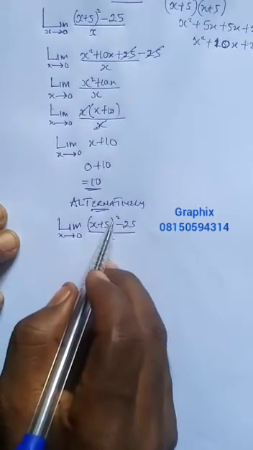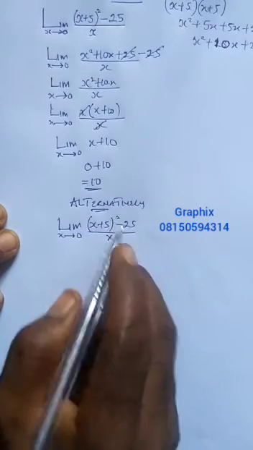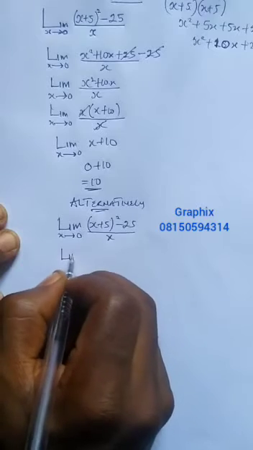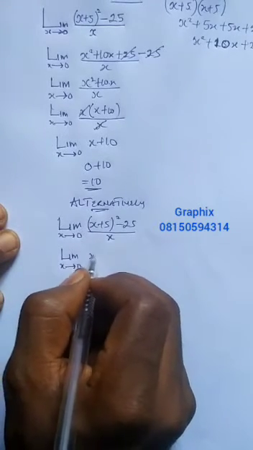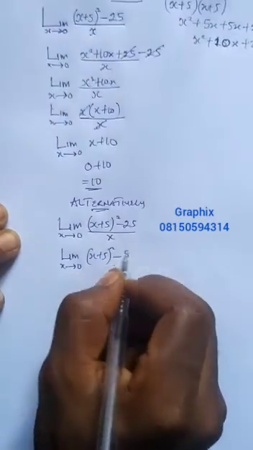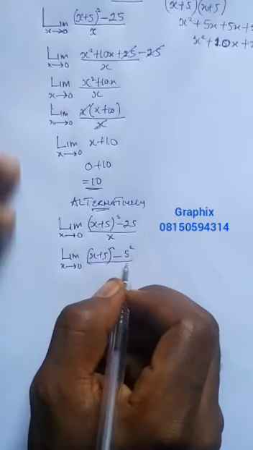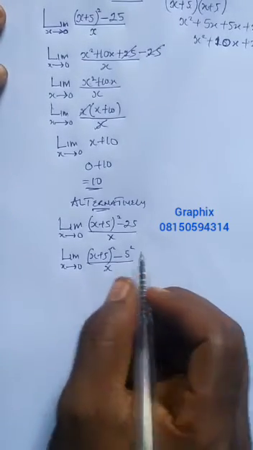Now if you look at this, (x + 5) is one entity on its own and is raised to the power of 2. I can also write it as the limit as x tends to 0 of (x + 5) all squared minus 5 all squared, everything all over x. Are we good?